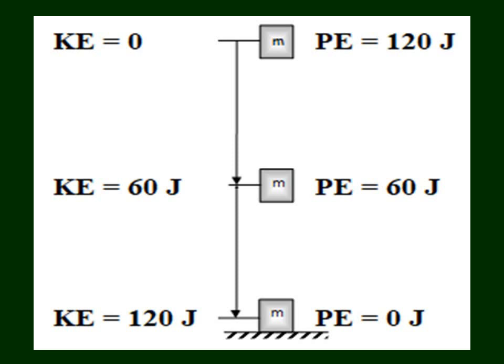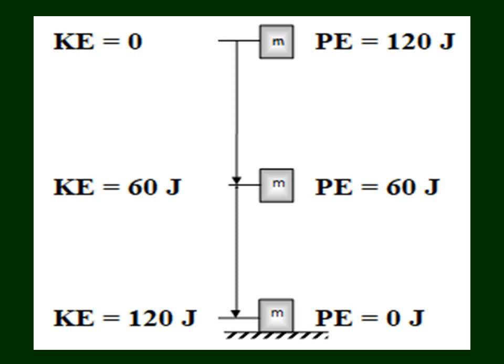What's the mechanical energy at the highest height? Kinetic plus potential, 0 plus 120 equals 120. Here in the middle point, 60 plus 60 equals 120, the same mechanical energy.